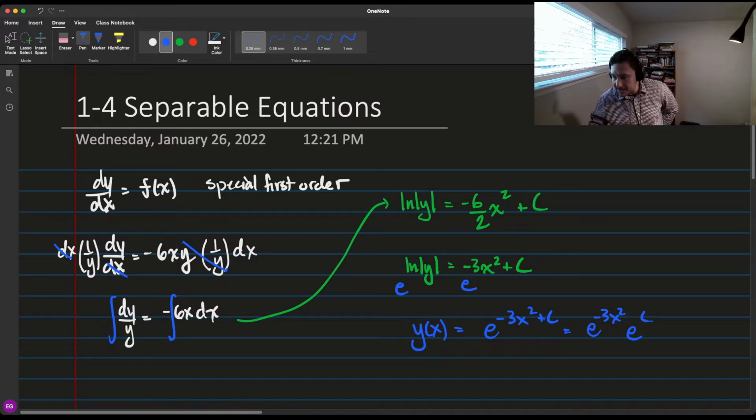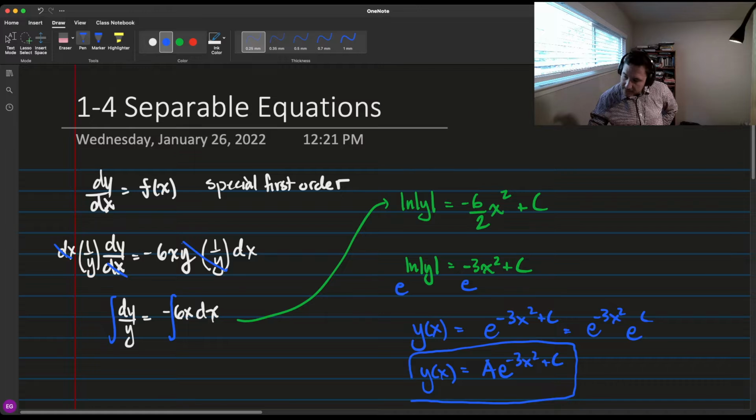E to the c is just some constant, which we can now just write as a. So you get a times e to the minus 3x squared. That is our general solution. You can now find the constant a, or we call this the implicit general solution.